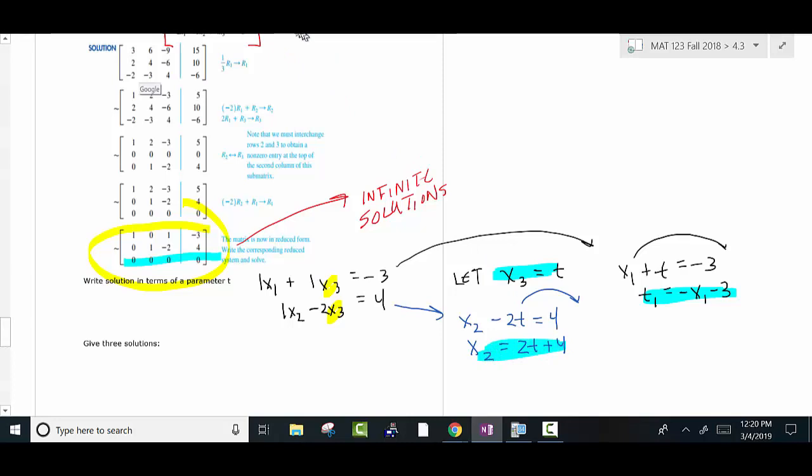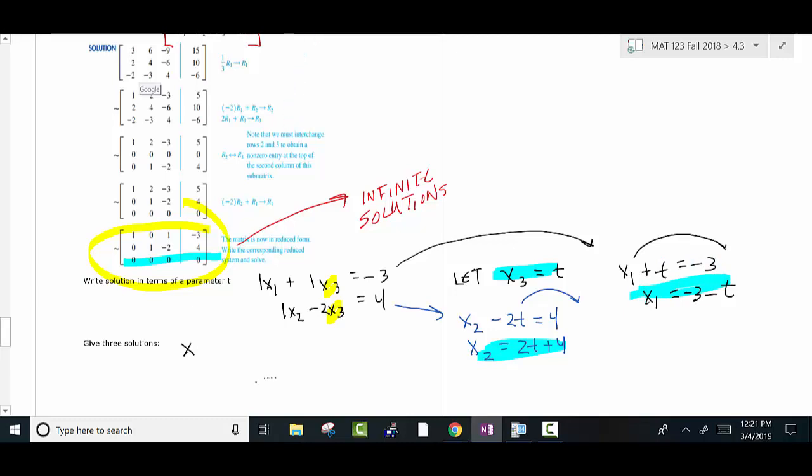So basically what you do is you write your answer like this. You just say, hold on, I think I wrote this one wrong right there. That should say x1 equals -3 minus t. You're solving for x1. Okay, you're just finding what x1 is, what x2 and x3 are.